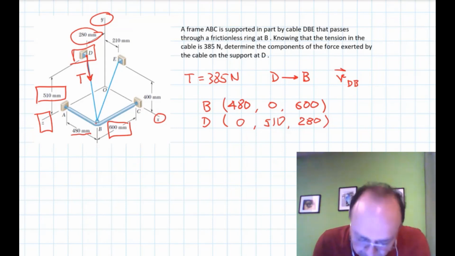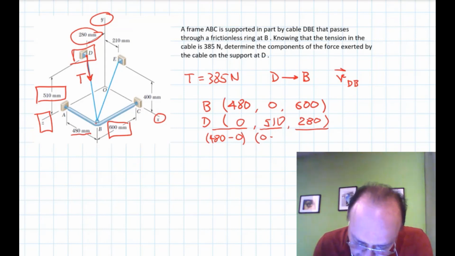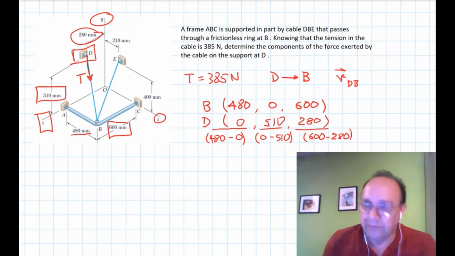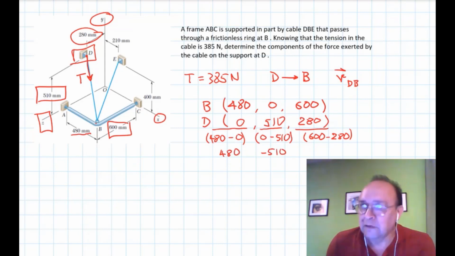So now we do the subtraction of the coordinates. Let's do it here. So 480 minus 0, then 0 minus 510, and this one will be 600 minus 280. So we have here 480, minus 510, and 320.